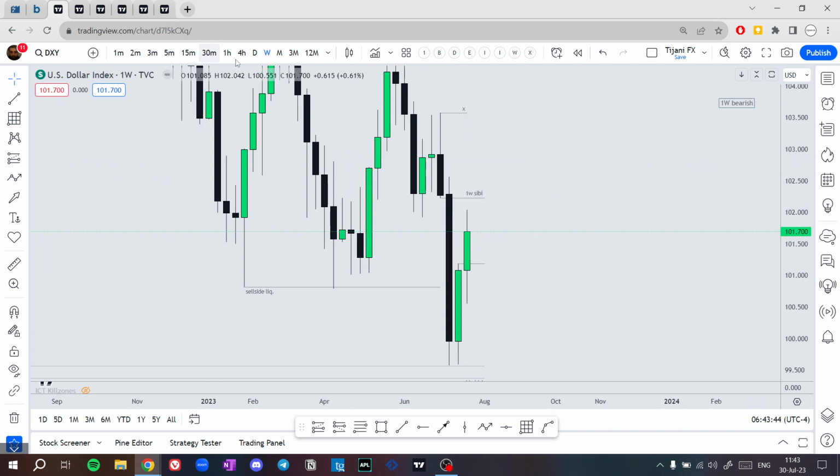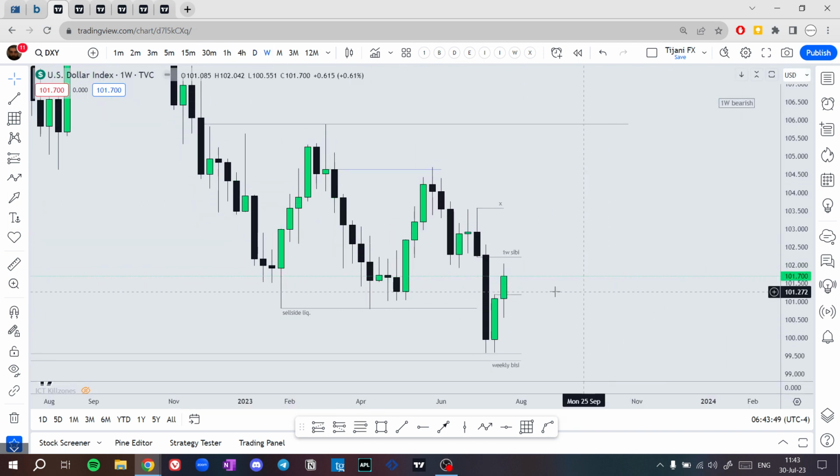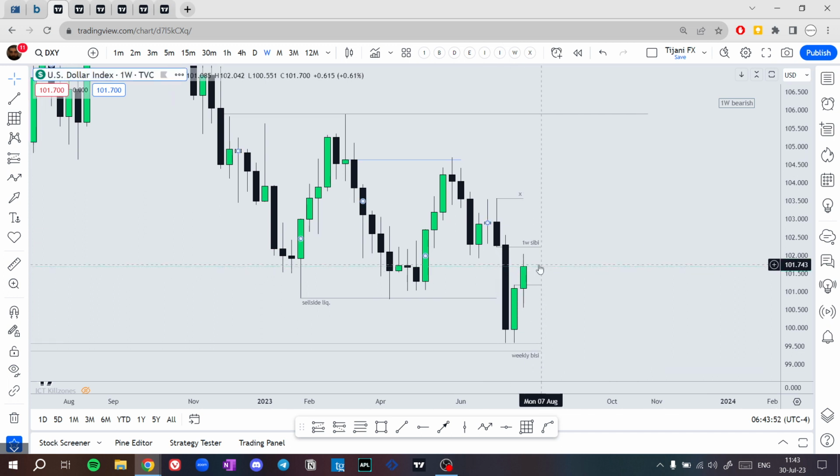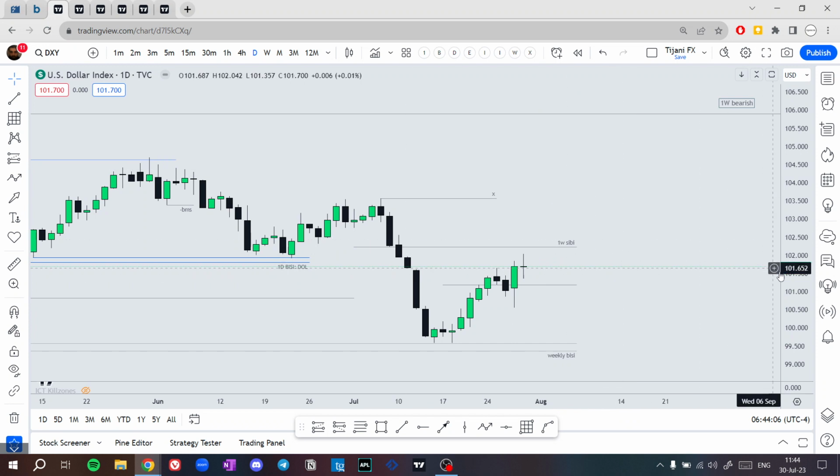Filling this weekly CB. For the next week, there is still a chance that price goes higher, filling this weekly order block, then drops lower, or maybe it just drops from this weekly CB, and we also have a rejection block here that price could fill, then drop lower. This is for the next week, right?